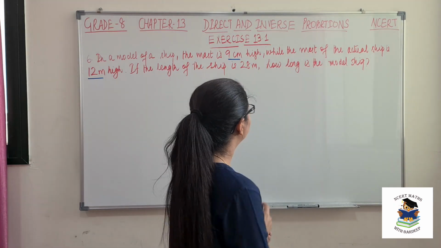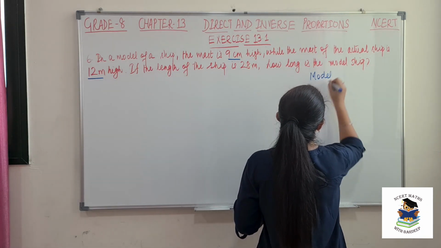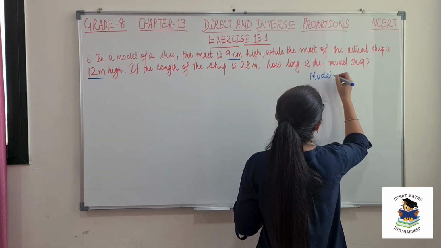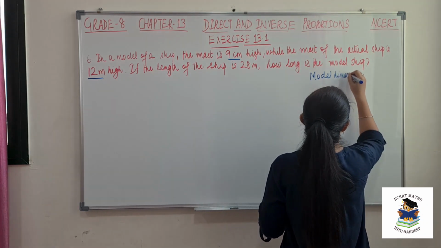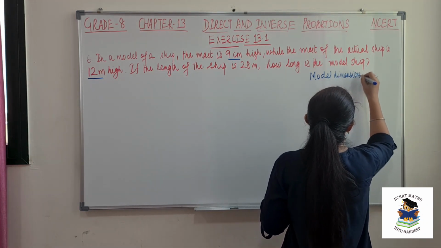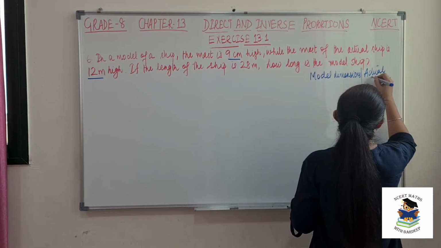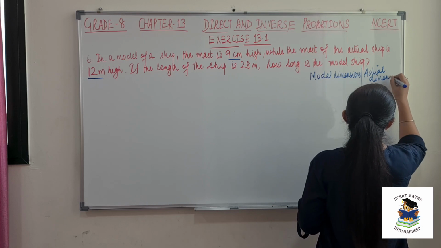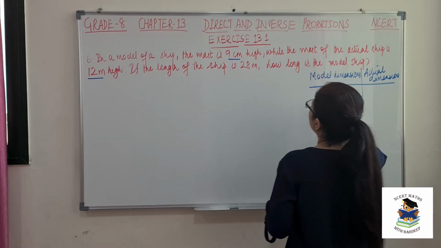So let's make a table first. On one side we will write the model of ship, model dimensions, and on the other side actual dimensions for ship. So what is given to us?